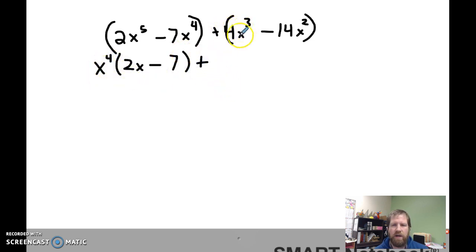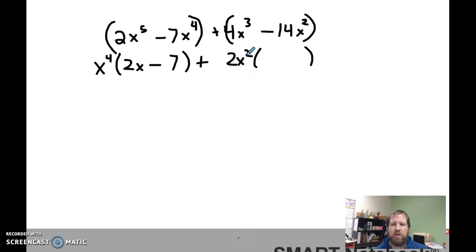And then this other one, I've got 4x cubed minus 14x squared. Well, I've got x squared. That's going to be my greatest common factor for my variables. And now 4 and 14, if I take out 2 as my greatest common factor for the constants, it looks like that's what it is.